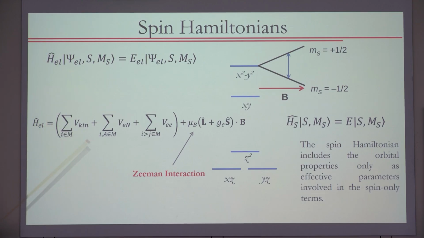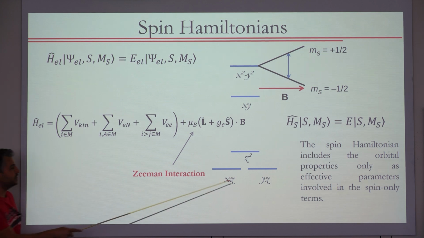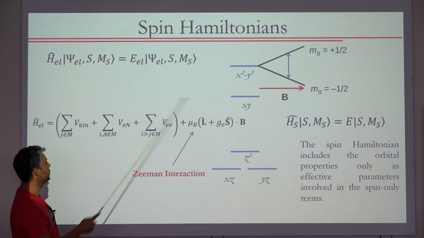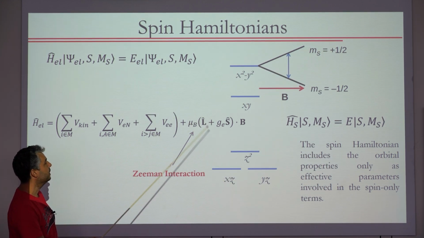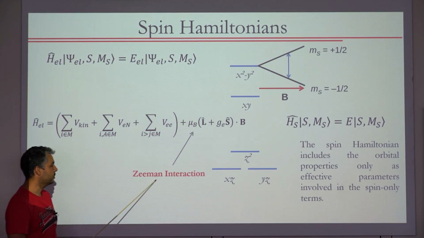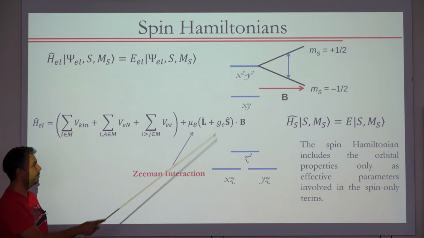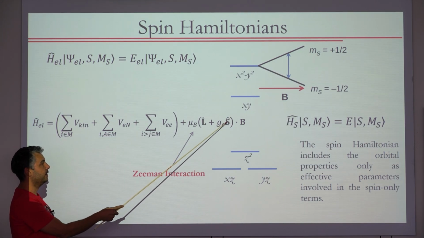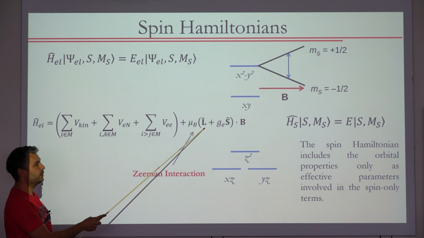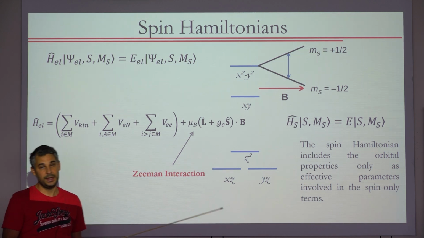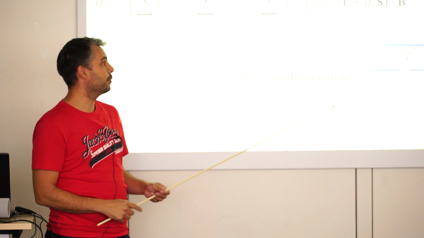So if we take, for example, this is the crystal field splitting caused by the electronic Hamiltonian, we have to add to the full electronic Hamiltonian this term that is called the Zeeman interaction, which is a magnetic field interaction with the electron spin and also with the orbital spin, because many times many electrons have an orbital angular momentum also.